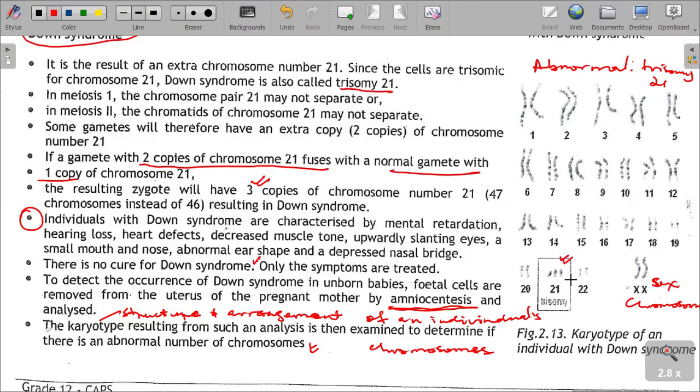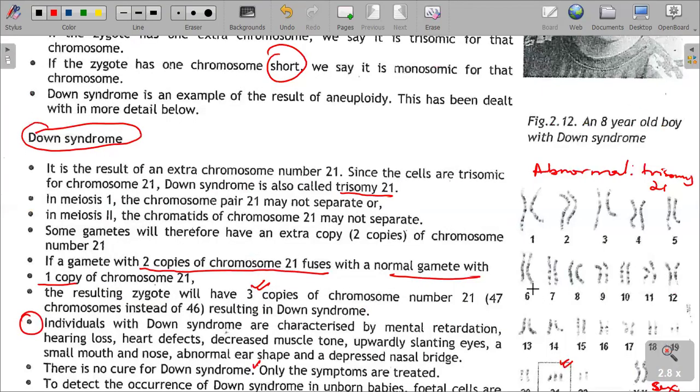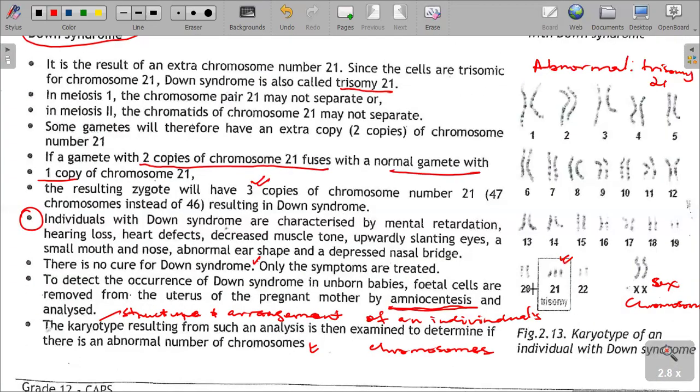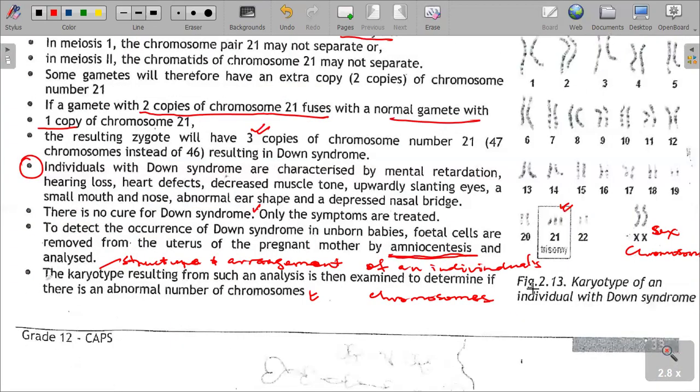The next question is to give the reason, or what causes this trisomy 21. The process that causes this is non-separation of chromosomes.